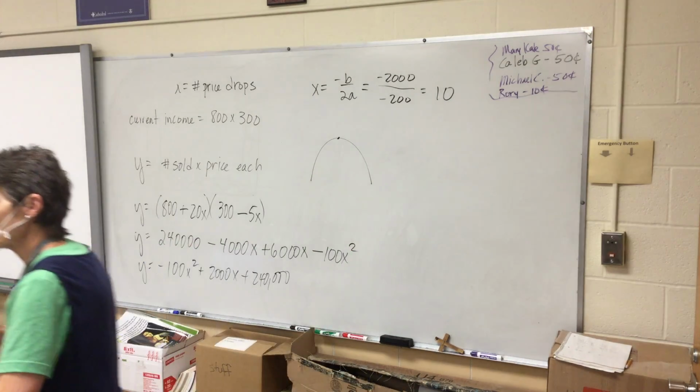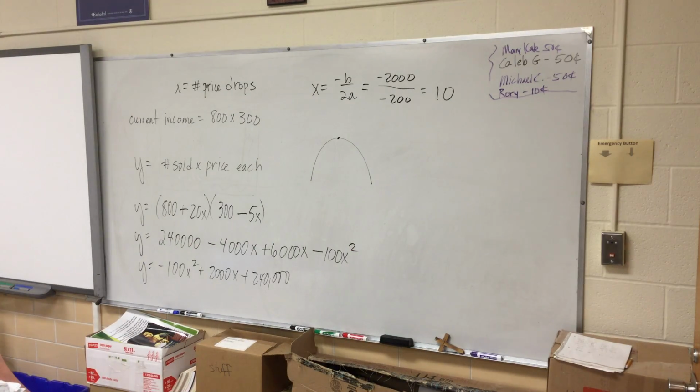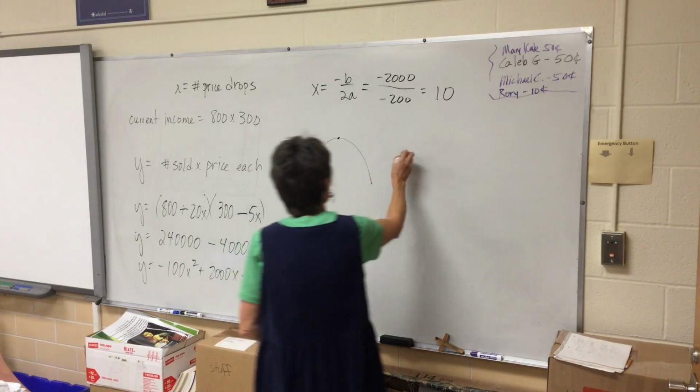Well, what rent do I charge right now? $300. The math tells me I need to drop it 10 times. Each drop is worth $5. So what rent should I be charging? $250. So the answer to the question is $250.